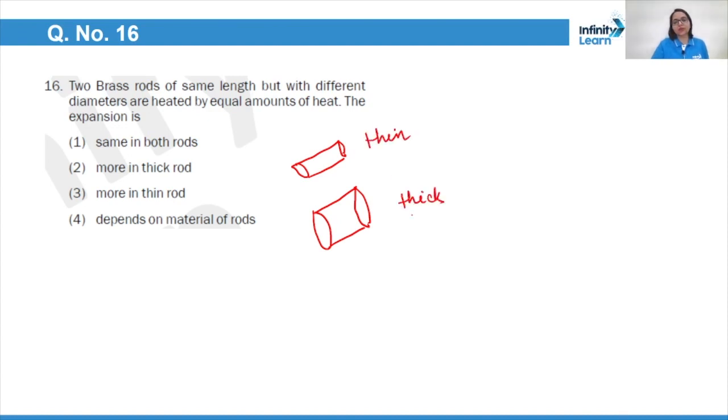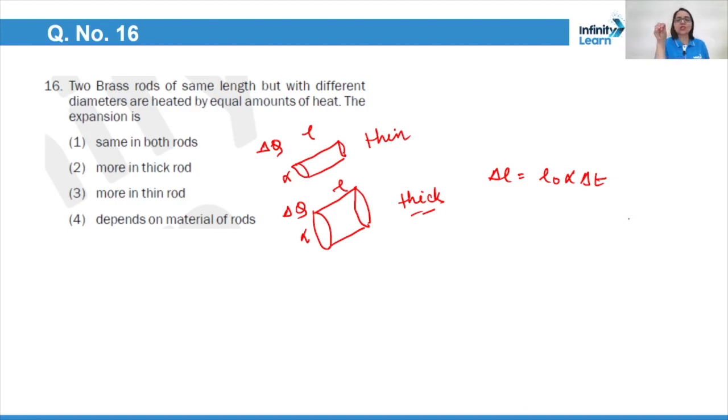Length is equal, right? Alpha will be equal, right? And amount of heat supplied, delta Q, is also equal, right? So change in length, delta L is equal to L naught alpha delta T. Now, we are supplying the same amount of heat, but nothing is given about the change in temperature, whether it is equal or not.